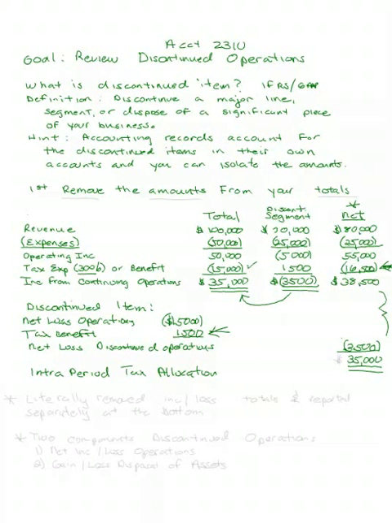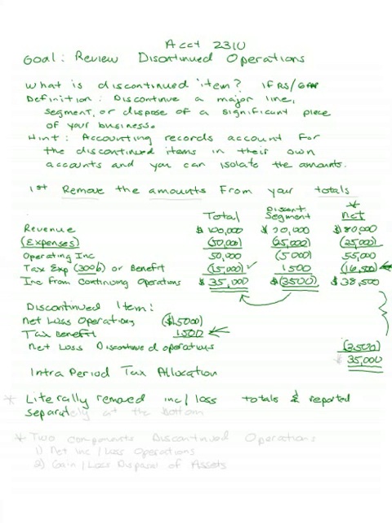What I want you to notice is I quite literally removed the discontinued amounts, or the income or loss from the discontinued segment. I quite literally removed it from the totals and reported on it separately at the bottom of the financial statements.